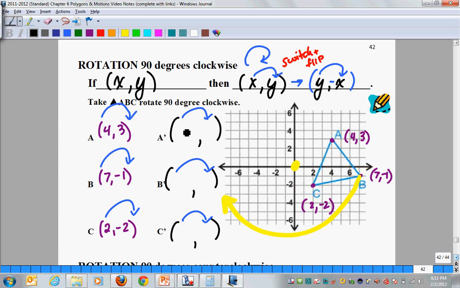So first we're going to switch. So we have 3 and 4, negative 1 and 7, and negative 2 and 2. We switched. Now we flip the signs on the right because it's clockwise. Follow that arrow. So we switch and flip.